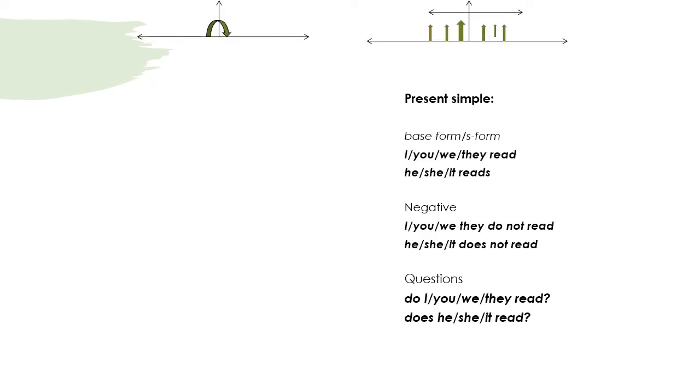So present simple is about actions which happen all the time, now, even before in the past, or even in the future. So we use the base form, that is just the verb's present form.